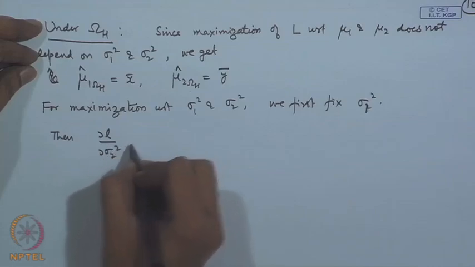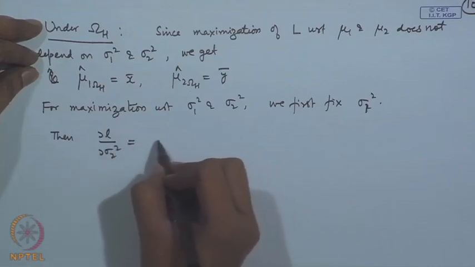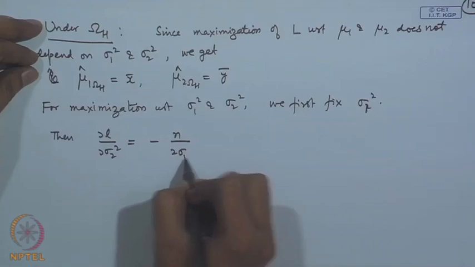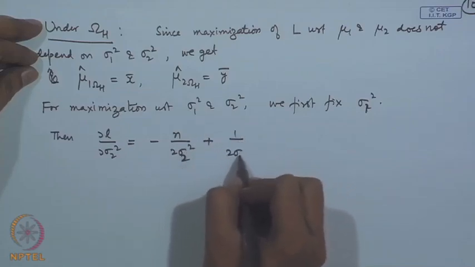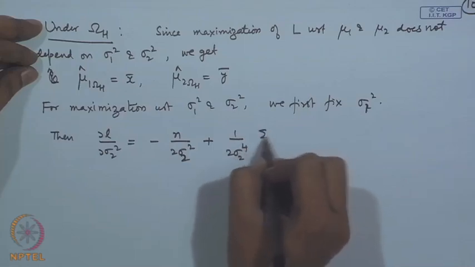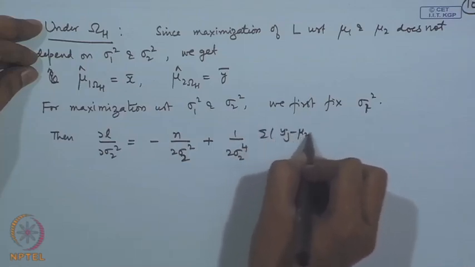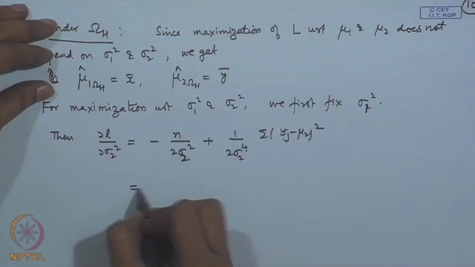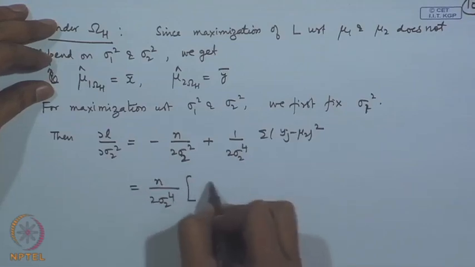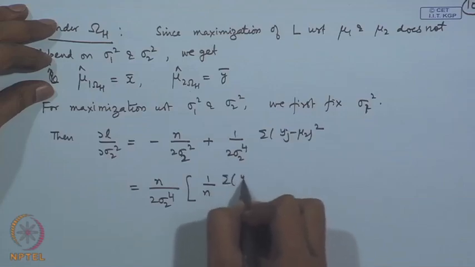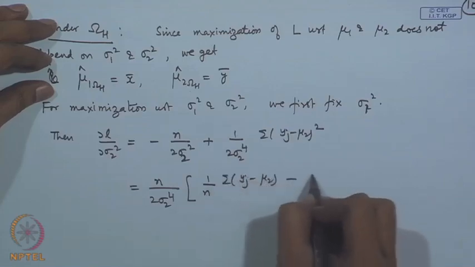So, if I consider the derivative of the likelihood function with respect to sigma 2 square, I get minus n by 2 sigma 2 square plus 1 by 2 sigma 2 to the power 4 sigma y j minus mu 2 square, that I can write as n by 2 sigma 2 to the power 4 times 1 by n sigma y j minus mu 2 square minus sigma 2 square.